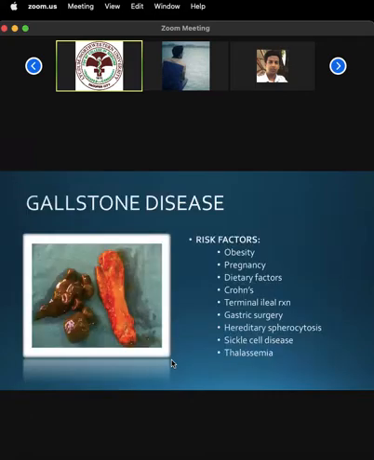So let's now go to your pathologies. First off would be your gallstone disease or cholecystolithiasis or choledocholithiasis.